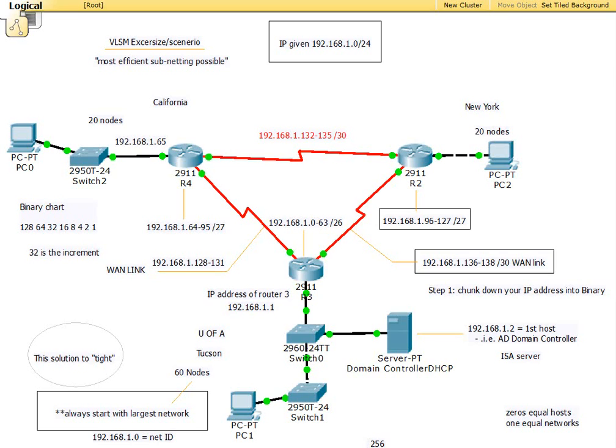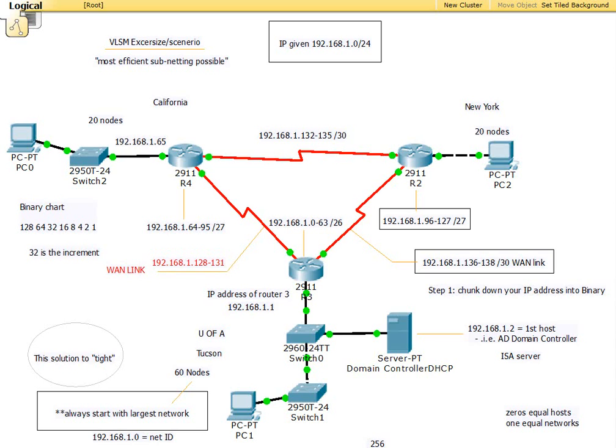192.168.1.132 through 35. Now this WAN link, .136 through .138, that provides 2 IP addresses for this WAN link. Now, my last LAN link, 128 through 131.